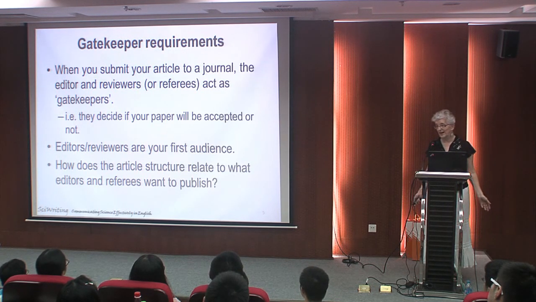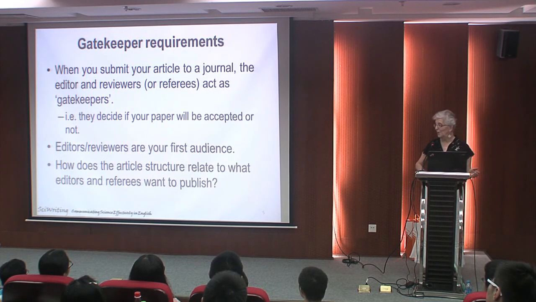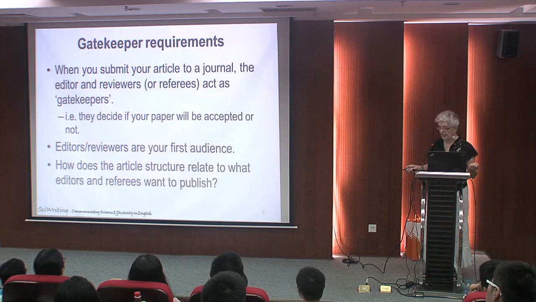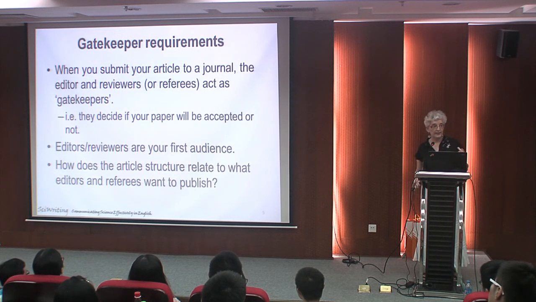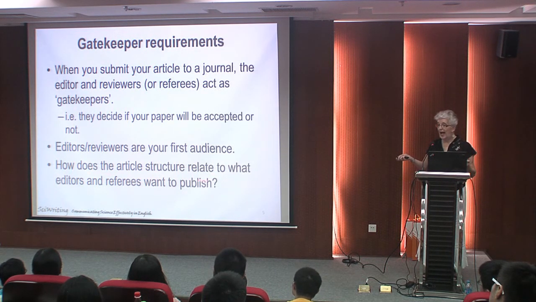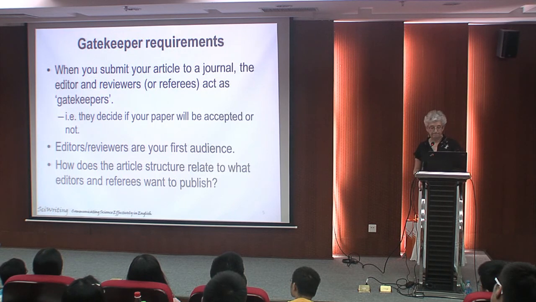They're the ones who decide whether your article will be sent to review, and whether it will be published. So they are your first audience, and I think a very important audience. So we need to think about how the structure of the article relates to what the editor and the reviewers want to publish.